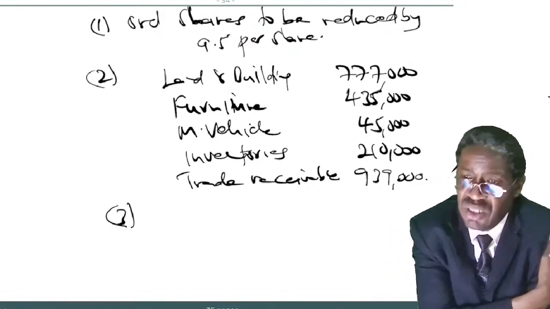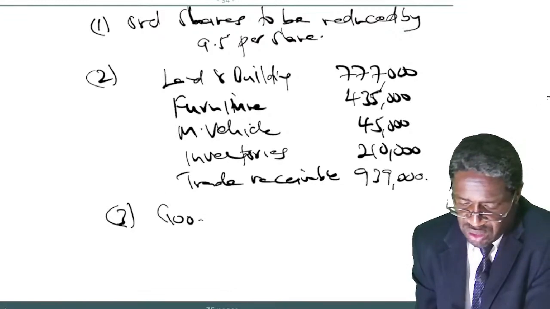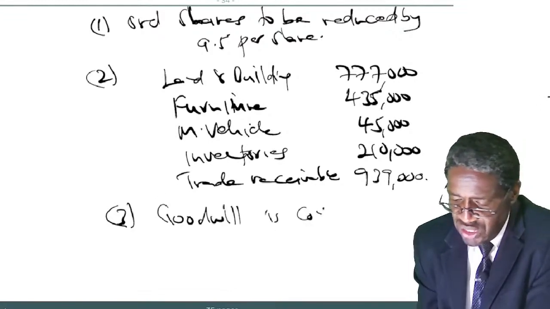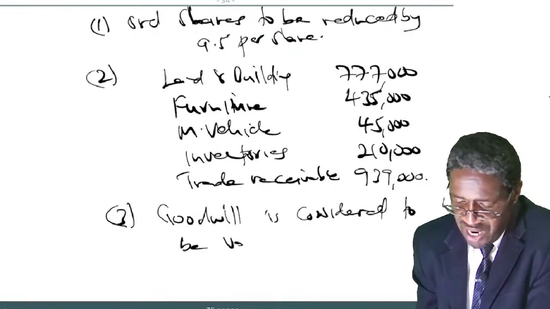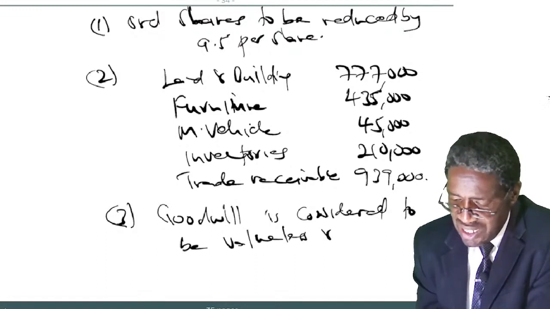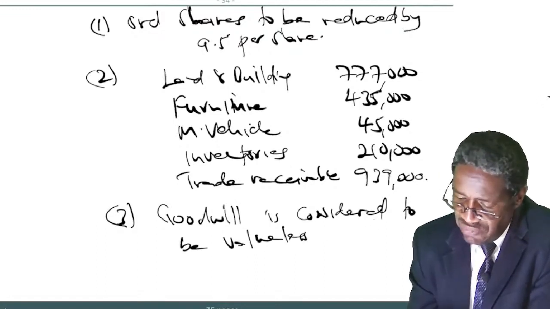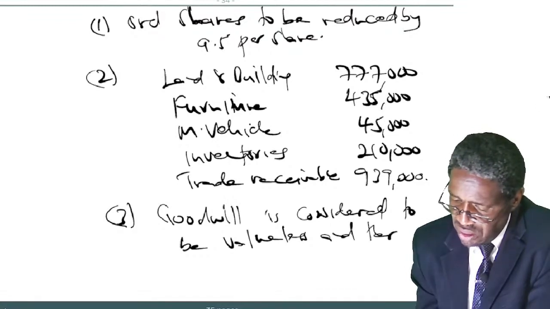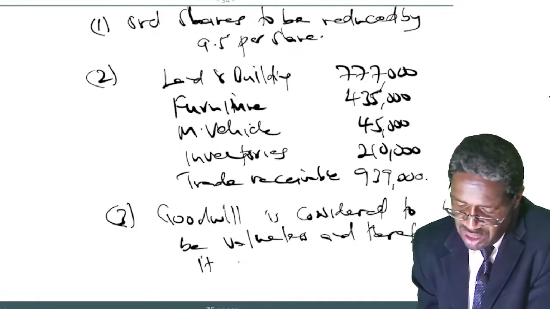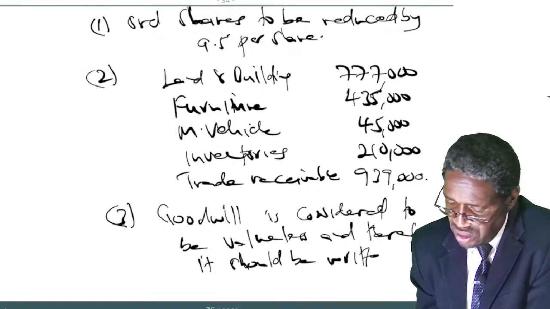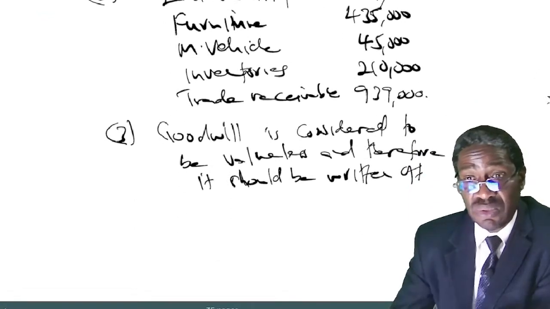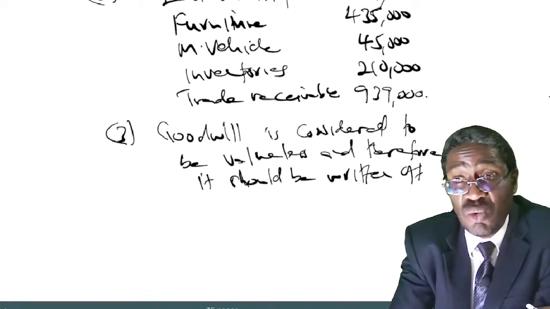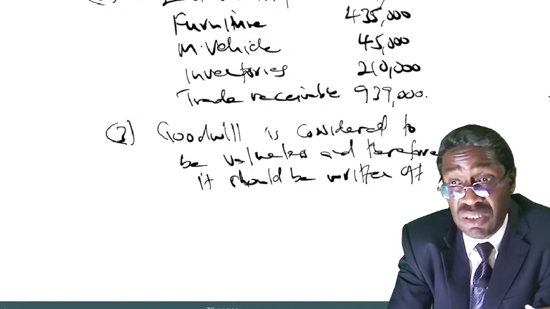So write somewhere, which we shall include now in the scheme: goodwill is considered to be valueless, and therefore it should be written off. So you remember in step 1, we used part of goodwill. I remember it was 60.